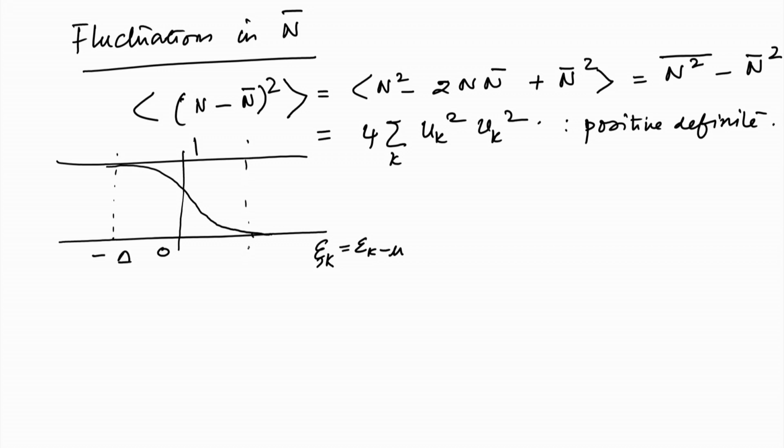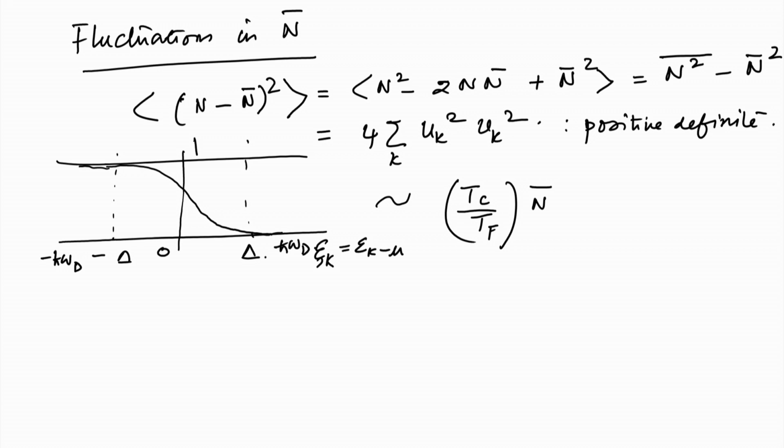This is from −Δ to +Δ, and this is my −ħω_D to ħω_D. So, in this range v_k goes from 1 to 0, and so the sum above goes as (T_c/T_F) to the power n̄. Practically, if you want to estimate the fluctuation in n, it goes as that.